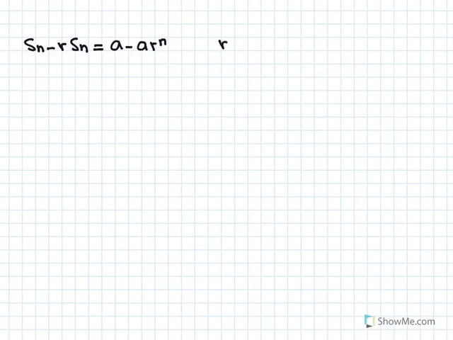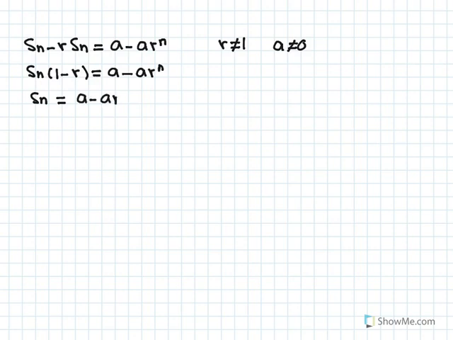Let's assume that the common ratio r is not equal to 1 and a is not equal to 0. Now divide by 1 minus r to isolate Sn and solve for the nth partial sum. We get Sn is equal to a minus ar to the n divided by 1 minus r.